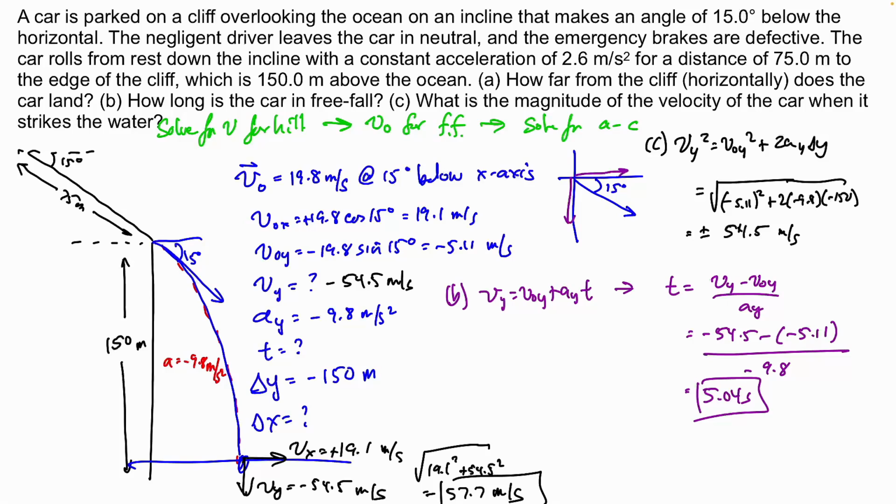But if I got the same time using the second equation, then I know we're good. We'll fly dangerous here. And so finally, how do we find delta x for part A? Right there, right? V naught x times t, which is going to be 19.1 times 5.04, which gives me 96.1 meters horizontal distance from the wall.